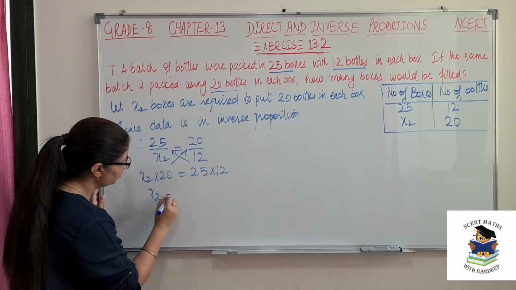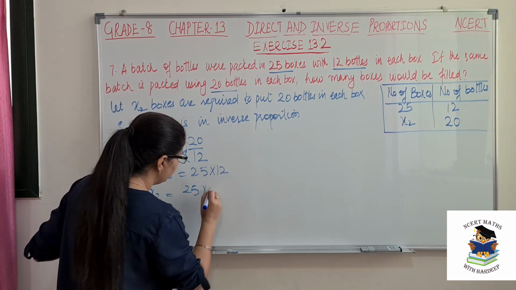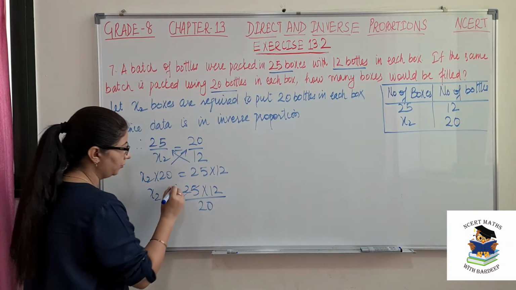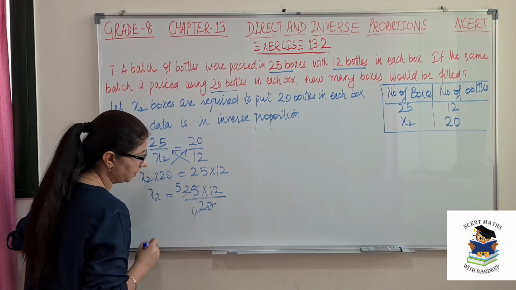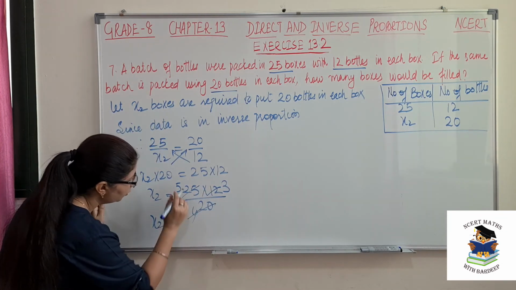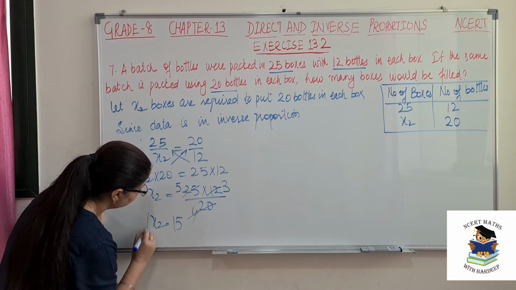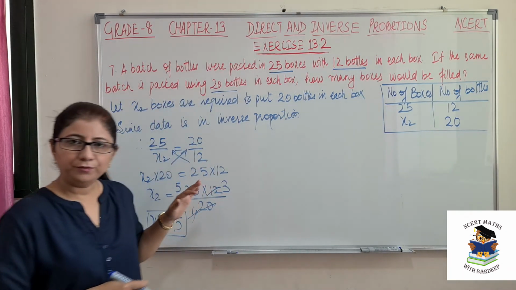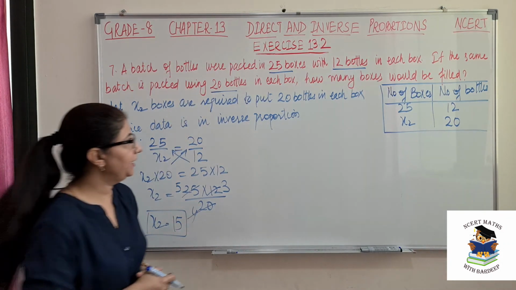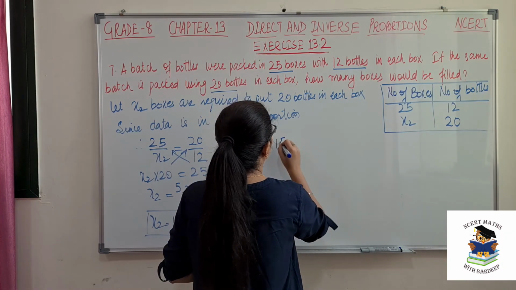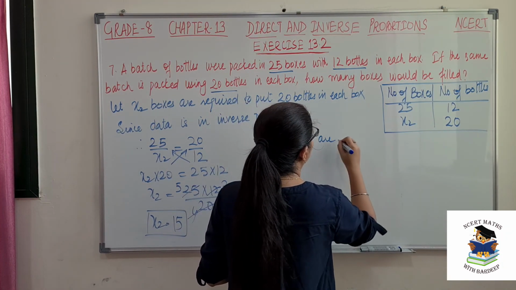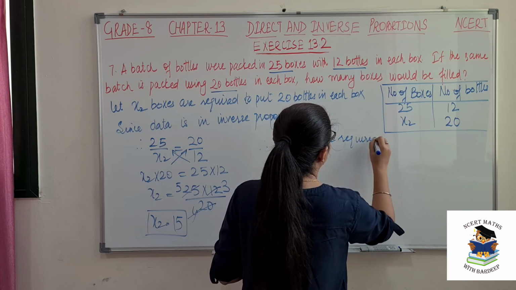So what is x2? This is 25 into 12 over 20. So 5 5s are 25, 5 4s are 20, 4 3s are 12. So what is x2? 5 into 3, that is 15. So therefore 15 boxes are required to put 20 bottles in each box.